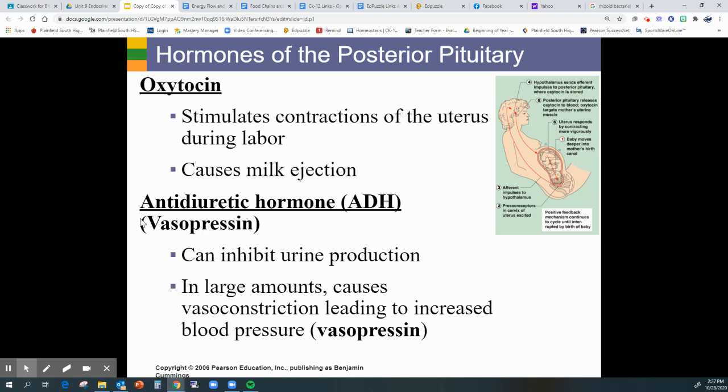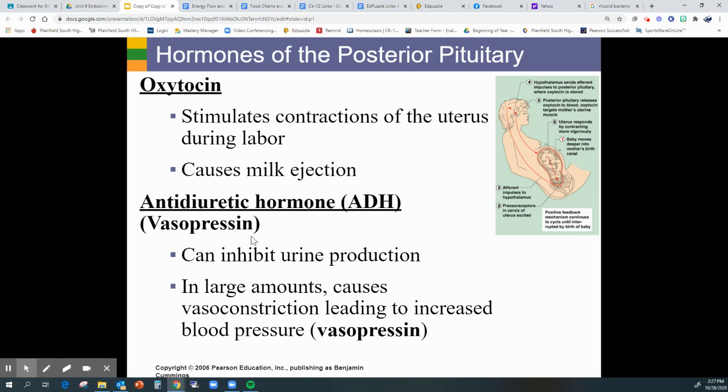The last one here is the antidiuretic hormone, or ADH. It's also known as vasopressin, because what it does is it can inhibit urine production. Essentially, this allows the body to reabsorb more water. So it causes vasoconstriction, leading to an increase in blood pressure. We can use an artificial version of it, vasopressin.